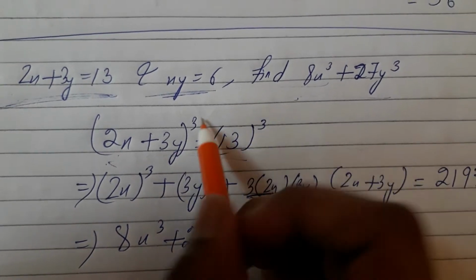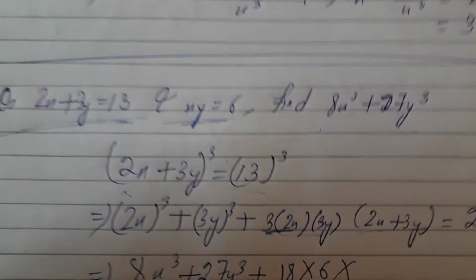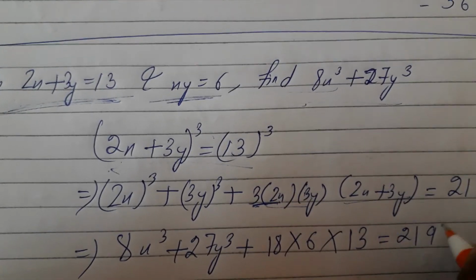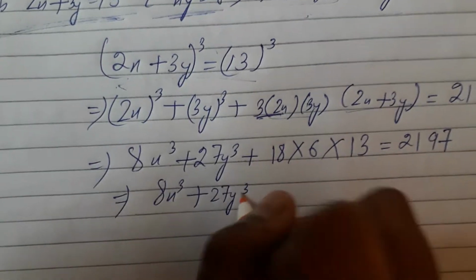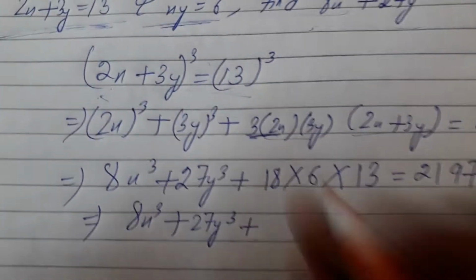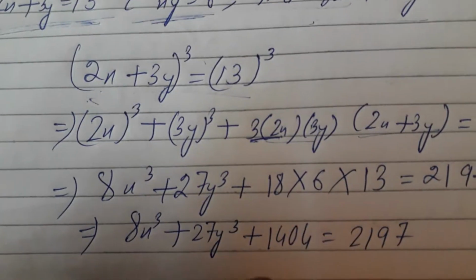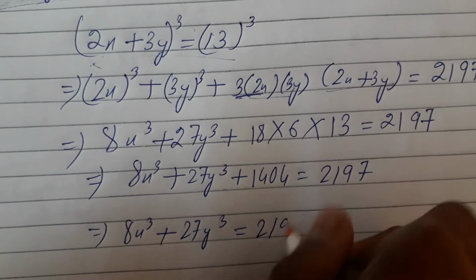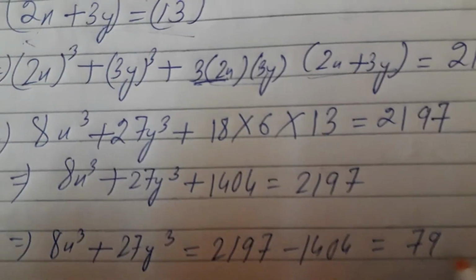So write 18 into 6 into 2x plus 3y, you also know, that is 13. So write 13, and here will be 2197. So this will be 8x cube plus 27y cube plus 1404, which is equals to 2197, and you will get the answer: 2197 minus 1404, that will be your 793.